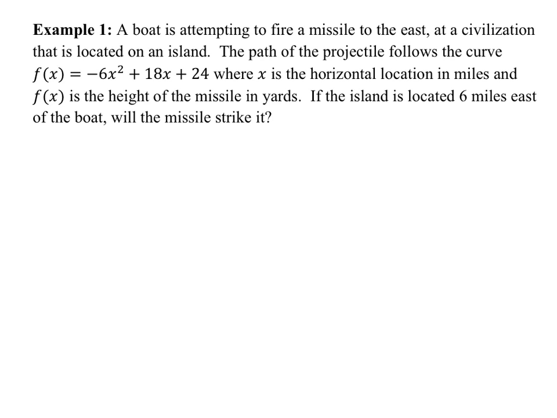If the boat starts here and it lands after 4 units away, then it doesn't reach the island. If it lands 7 units further, it misses the island. It's got to land exactly 6 units or miles to the right. So the question here really is, can we solve this equation? And can we look at the two answers and see if they differ by 6? Our goal is to see if they differ by 6.